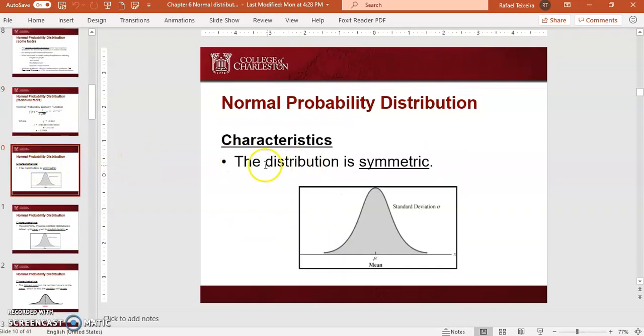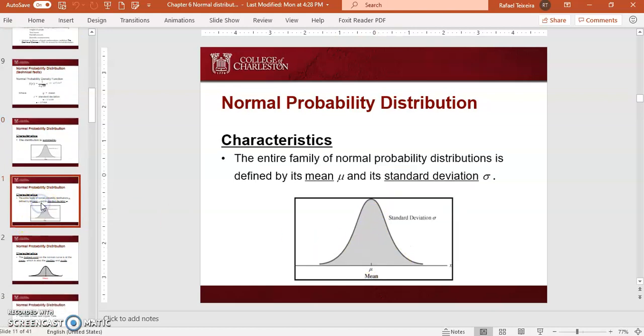But it's important to understand that the normal probability distribution is symmetric, which means if you split this distribution in half, you have two halves of equal size, so it's symmetric on each one of the sides. This is one characteristic. Another characteristic is that we have two parameters to define the distribution.